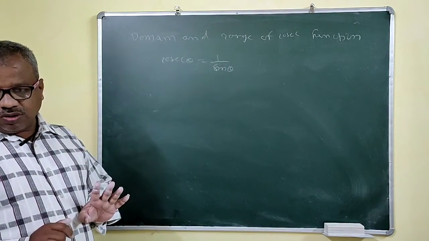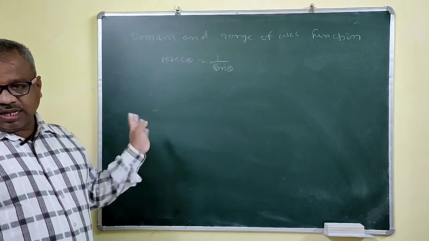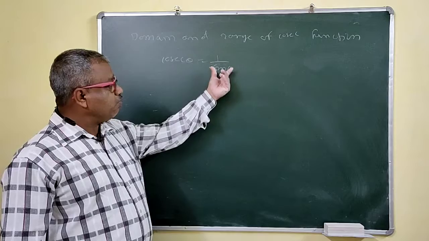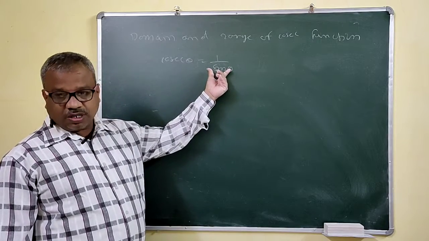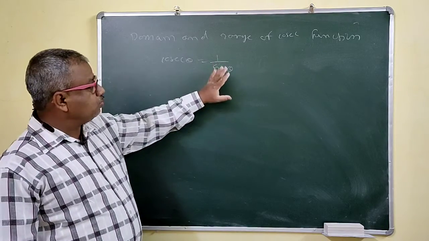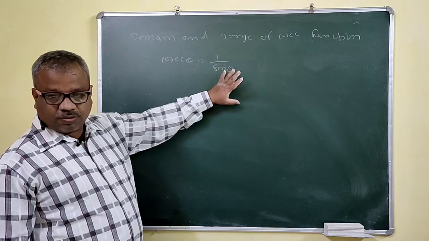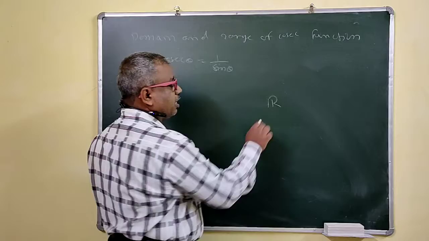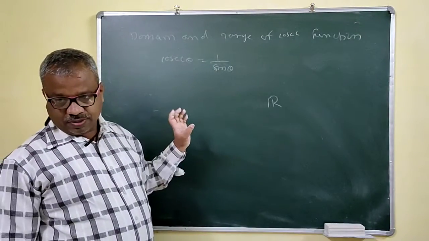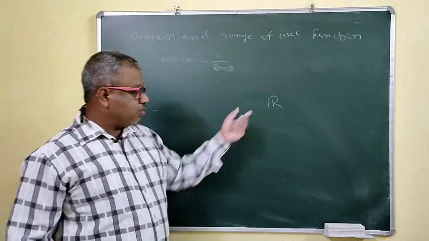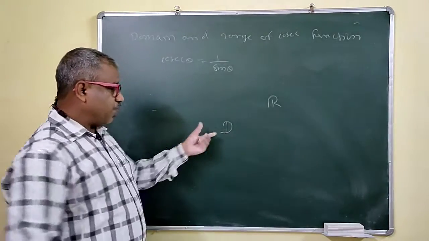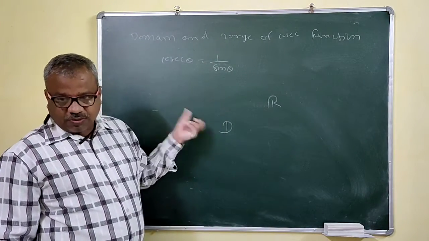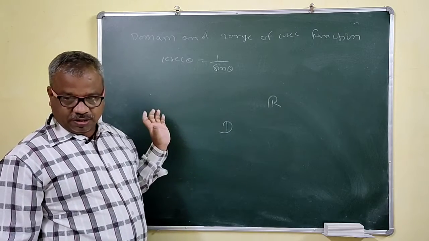If your denominator is 0, then it is undefined. That means you have to eliminate the zeros of the denominator from the set of real numbers, and that will be your domain. Domain means that at every point, cosec of that point should exist.